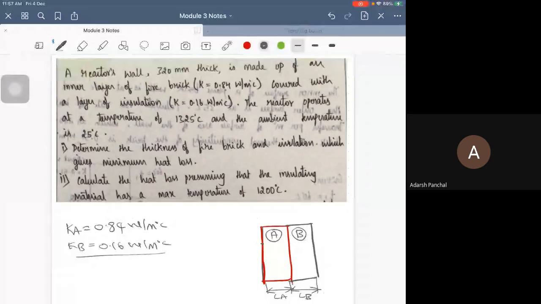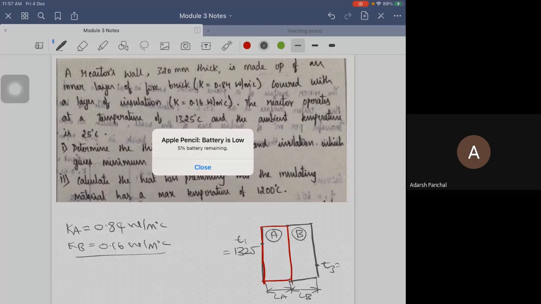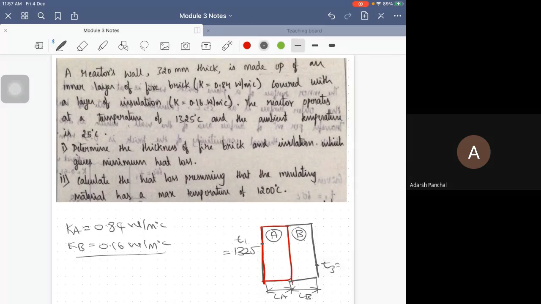Here the temperature he has given as T1 is equal to 1325, and ambient is this, so here I can take it as T3. T3 is equal to 25 degrees Celsius. And the intermediate temperature he has specified, where T2 is this one, is 1200 degrees Celsius.